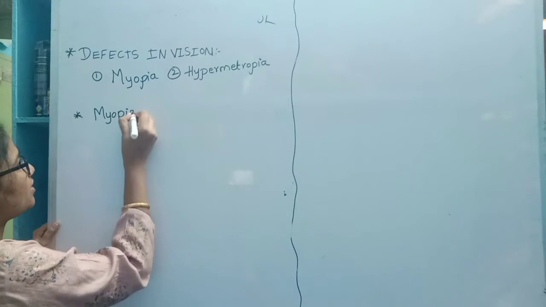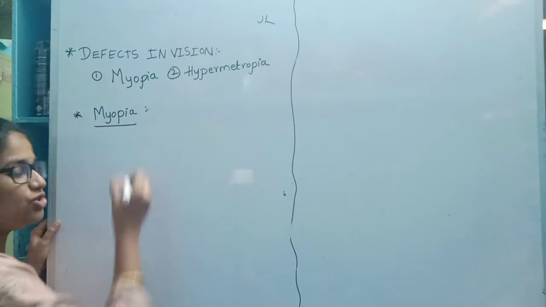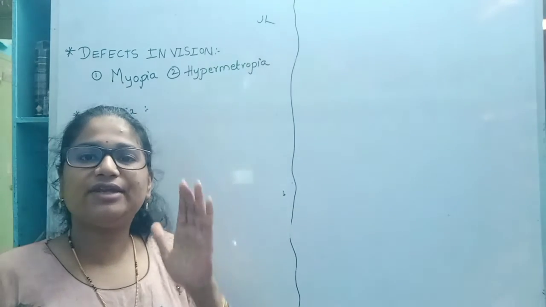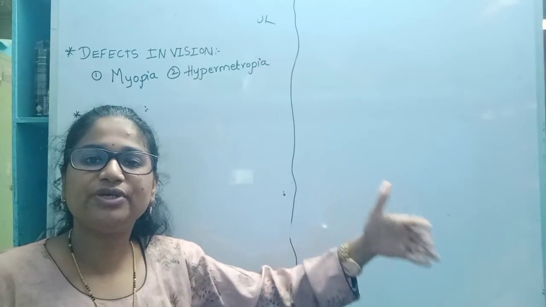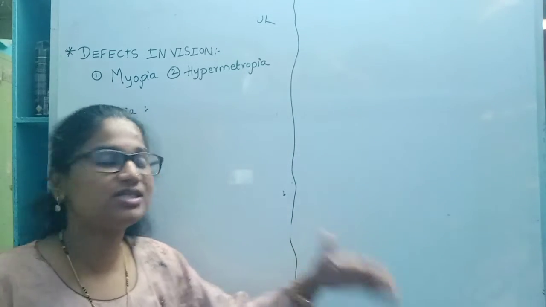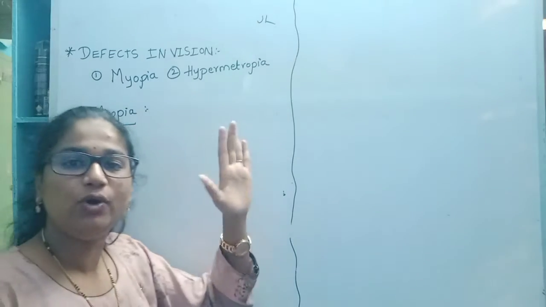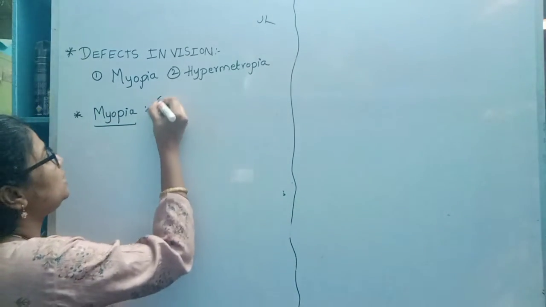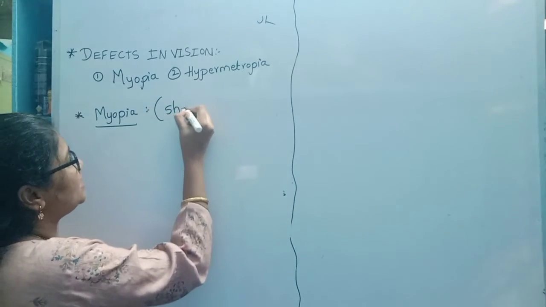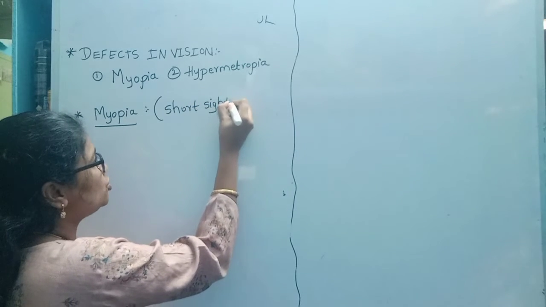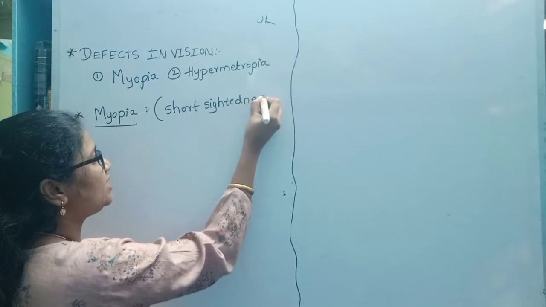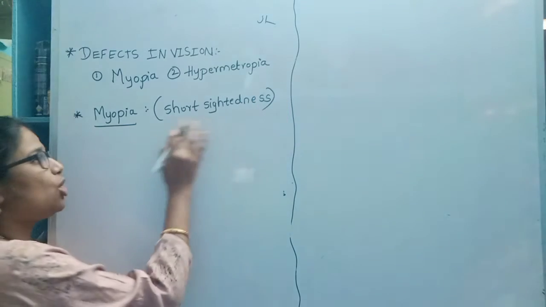Myopia. This is the condition where we cannot see objects which are far. The objects which are far appear blurred for persons who have myopia. This is commonly called short-sightedness. Don't get confused between the scientific term and the common term.